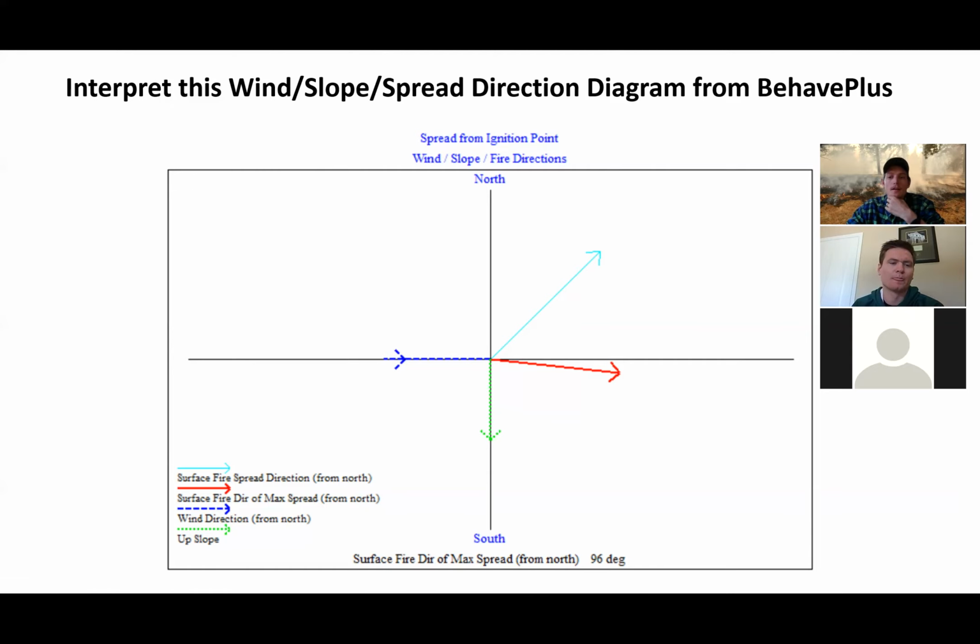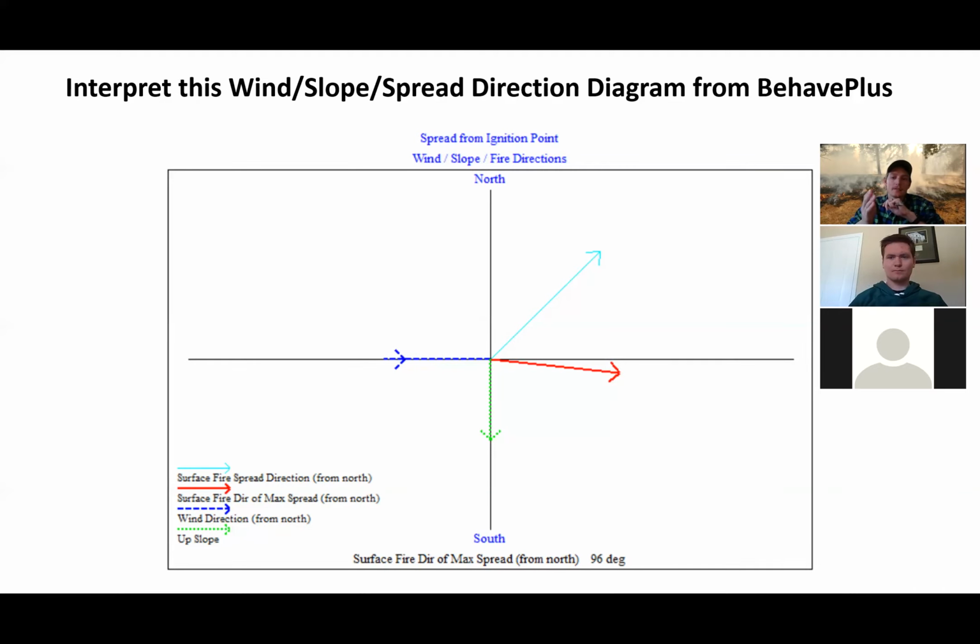And the blue arrow seems to be a flanking fire. Yeah, probably close to it. I wish these diagrams would tell you the angle between these two arrows, because just looking at it, it's not quite a right angle, so it's not exactly flanking, since a flanking fire would be 90 degrees relative to the direction of maximum spread.